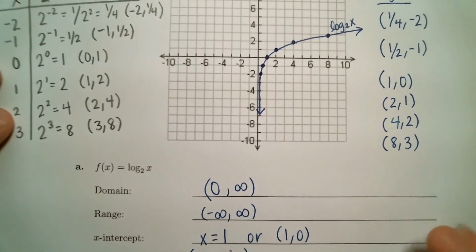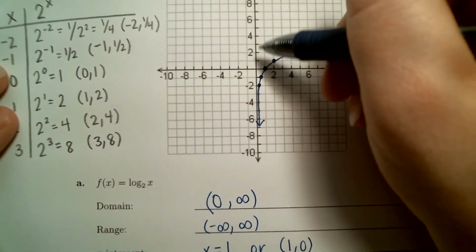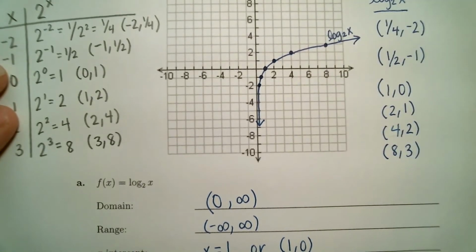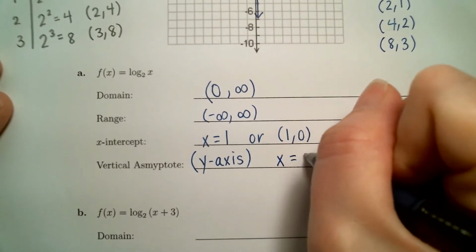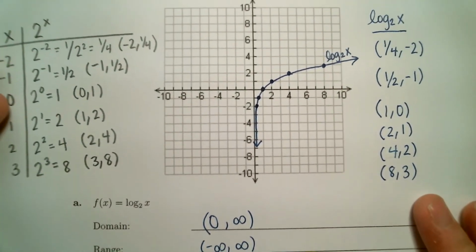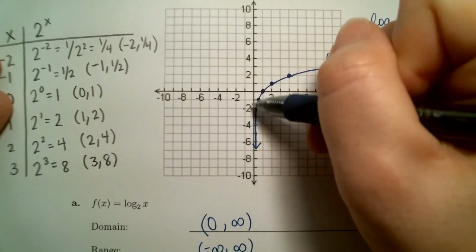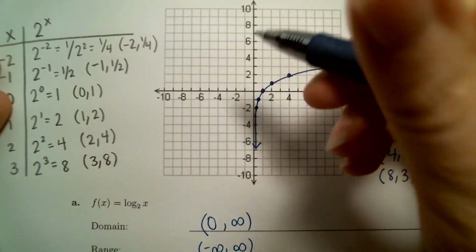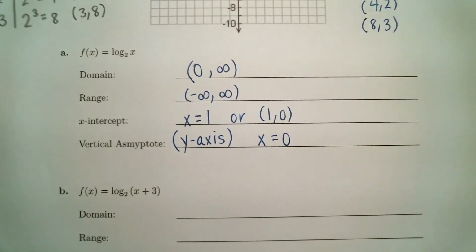If you're thinking vertical line, think back to how you write down the equation of a vertical line. It's going to be x equals. For the y-axis, it's going to be x equals 0, because if you look at the y-axis, every point on the y-axis has an x-coordinate of 0. So that is the equation for the vertical asymptote.